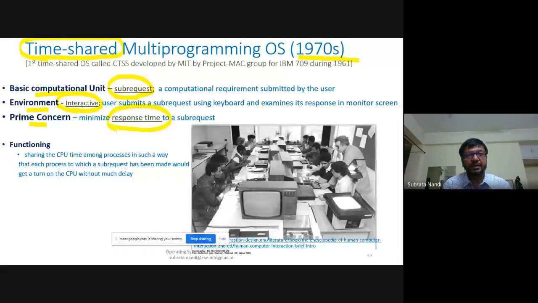So he will not bother about waiting that long; his turnaround time is irrelevant now. Rather, he will be more interested in how much time the computer takes to respond whenever he submits a computational request.